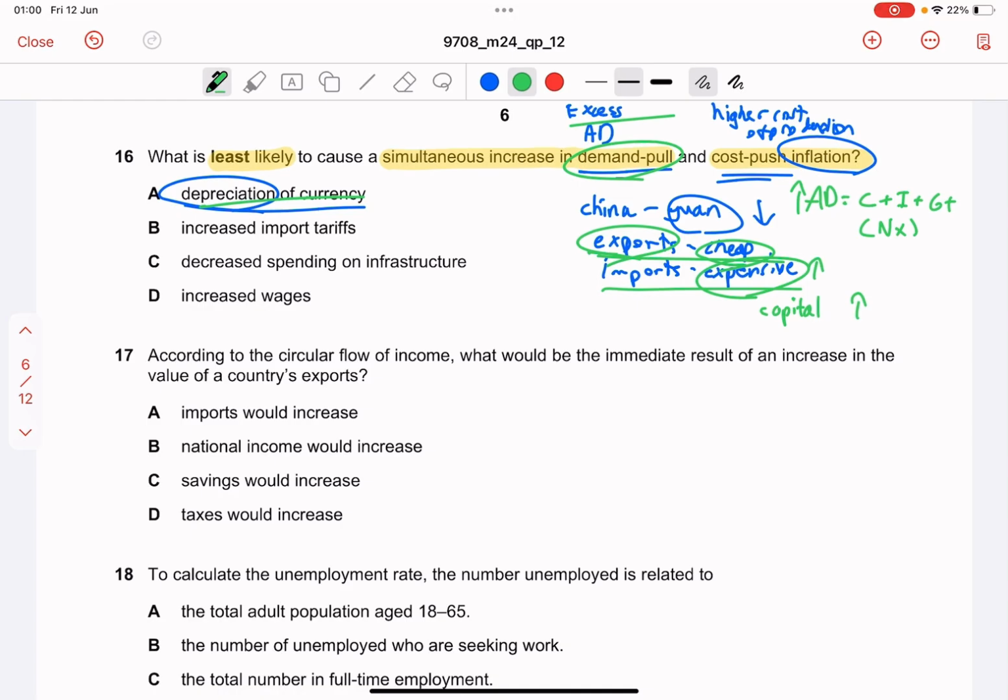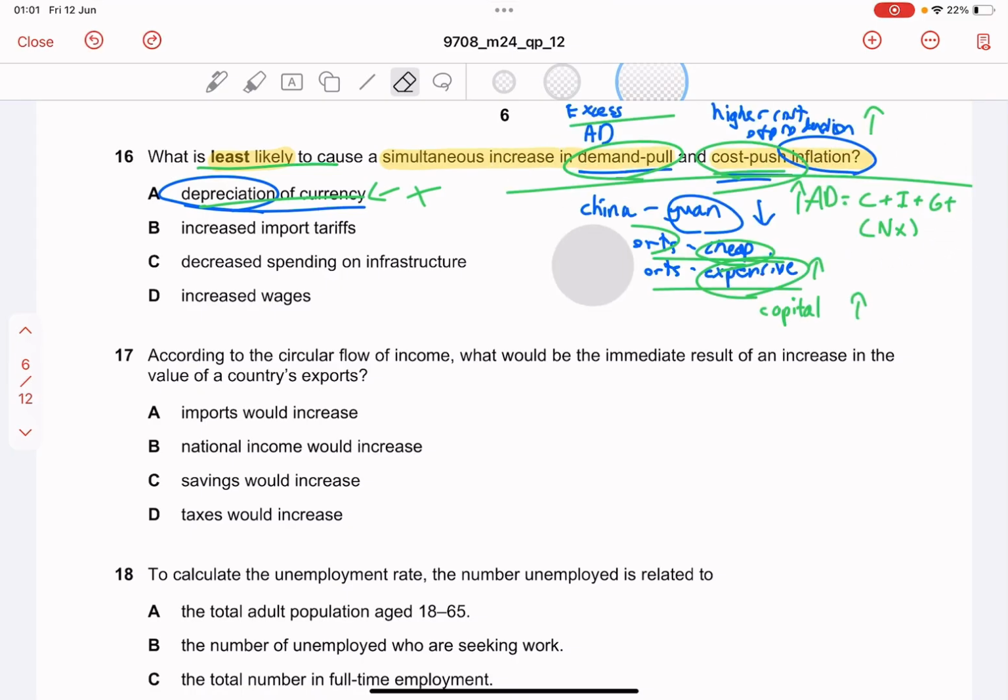So will that cause cost push inflation? Well, possibly yes, because you will have a higher cost of production. But the question asks us, what is least likely to cause both of these? Right off the bat, the first option obviously causes both types of inflation, so we can immediately cross that out because that cannot be it.